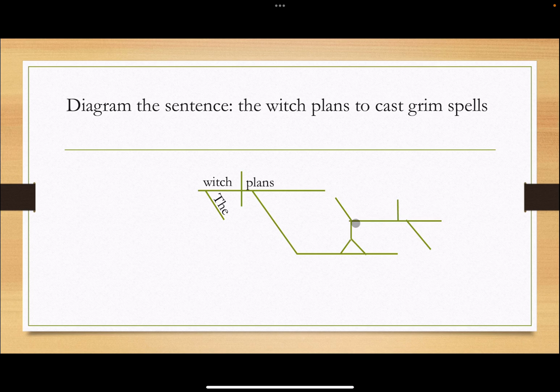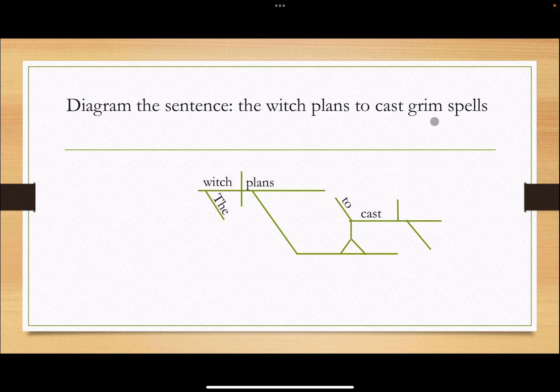That's going to give us some extra space to include our infinitive phrase. Please be mindful that every time we have an infinitive phrase, it will not always be set up this way. It just depends on the placement of the infinitive phrase in your sentence. That is going to determine where your infinitive phrase is going to go in your diagram.